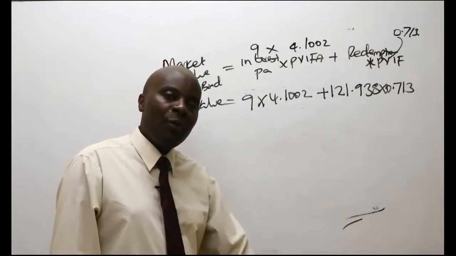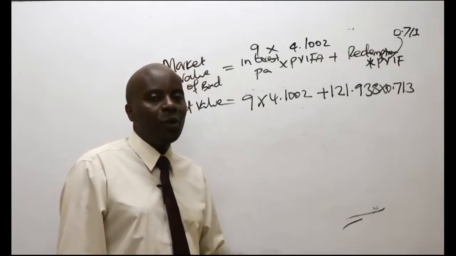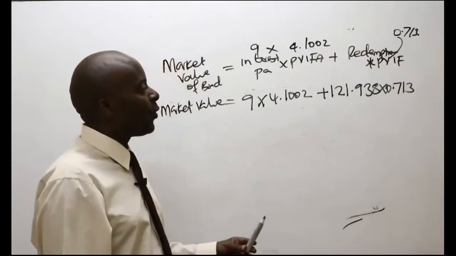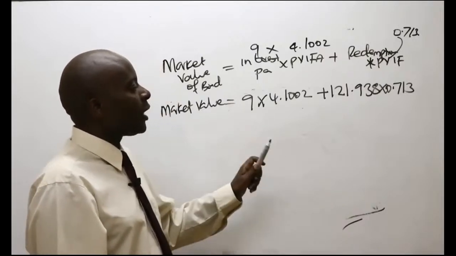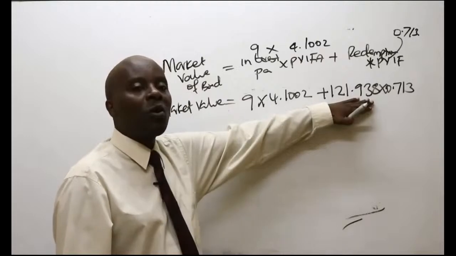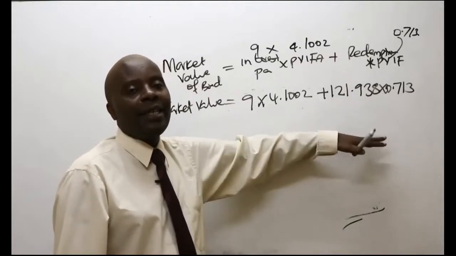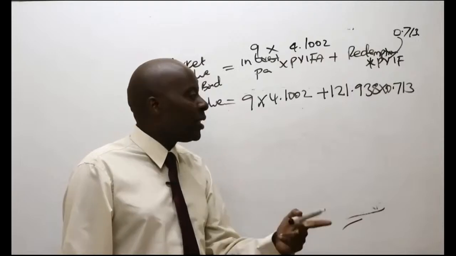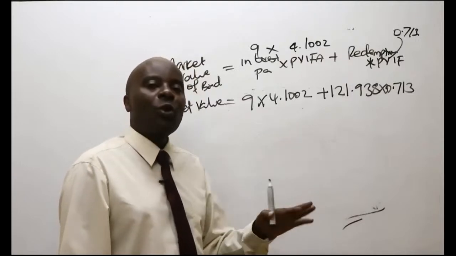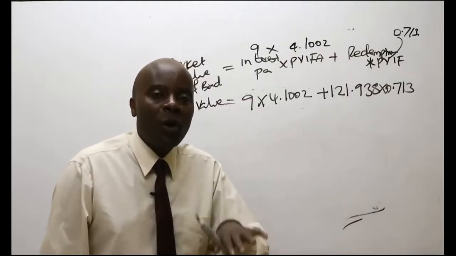The floor means lowest. The only difference between this and the floor value is that for the floor value, we shall consider the lower redemption amount. Remember, we had a choice to work with either 100 or 121. So in this case, for floor value, you work with 100.